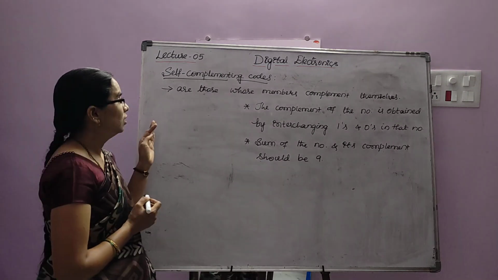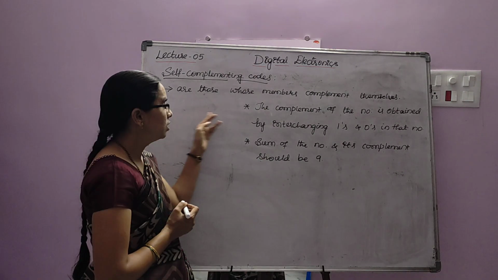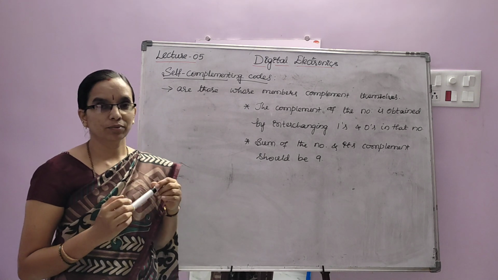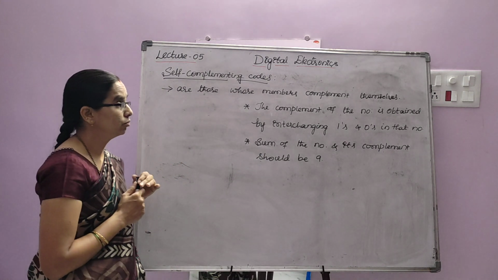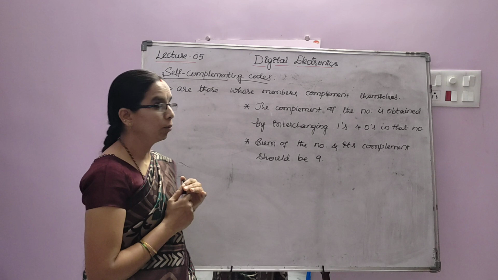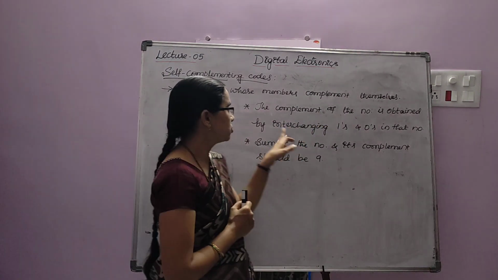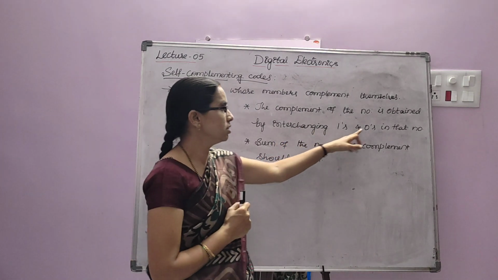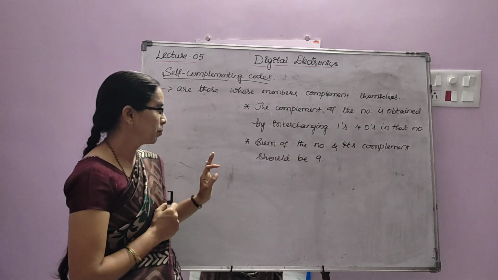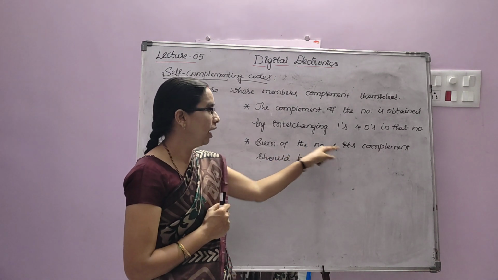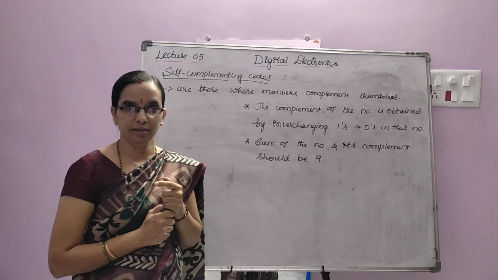So here, with self-complementing codes, how do we know which is a self-complementing code? In a self-complementing code, the complement of the number is obtained by interchanging ones and zeros in that number. And the second condition is that the sum of the number and its complement should be 9.